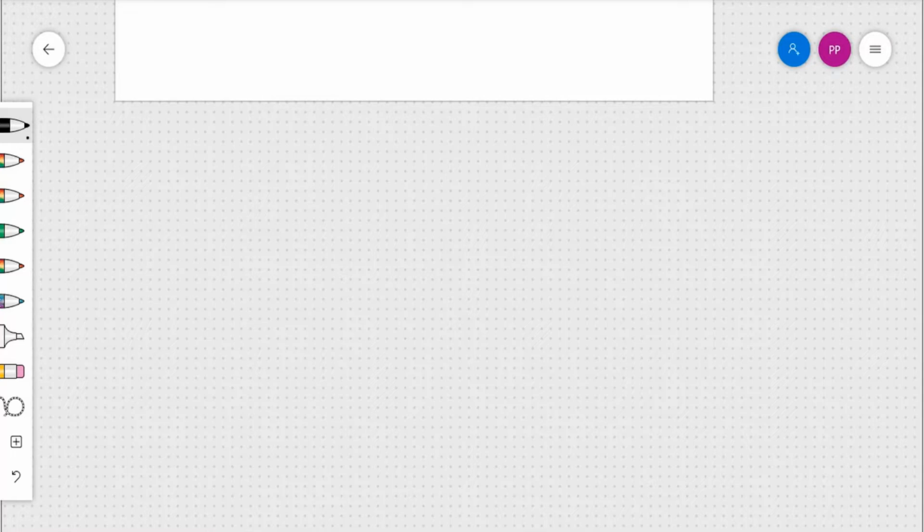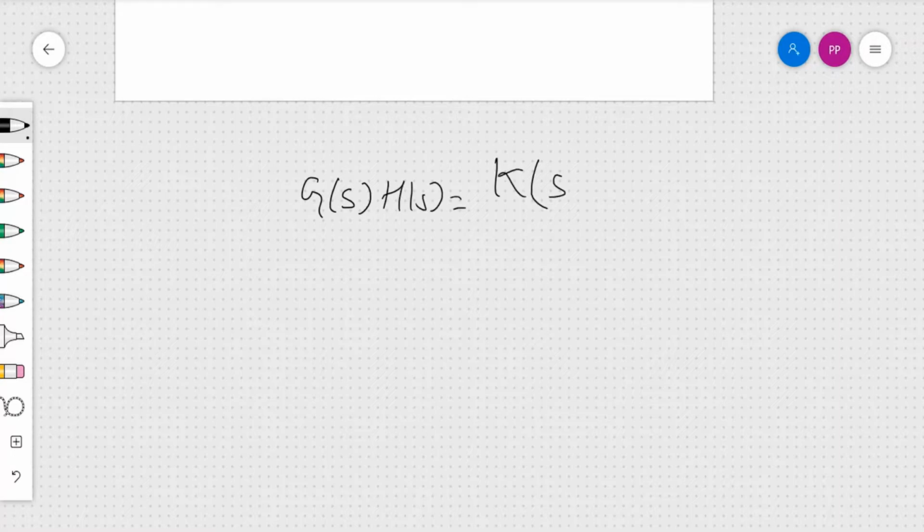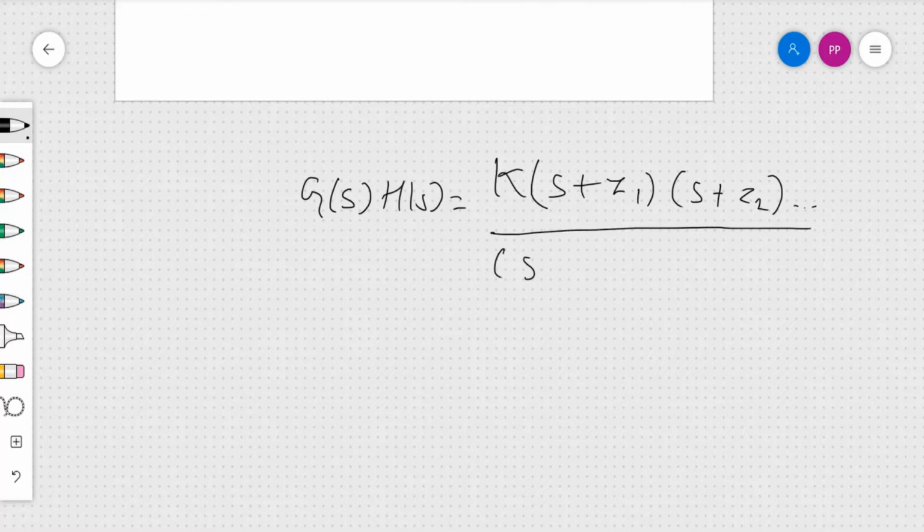And just to summarize, let me introduce that when we are taking the open loop transfer function, say G(s) H(s), in the monic form, we can express it as G(s) H(s) equal to K into (s plus z1) into (s plus z2), like that, divided by (s plus p1) into (s plus p2) and so on.